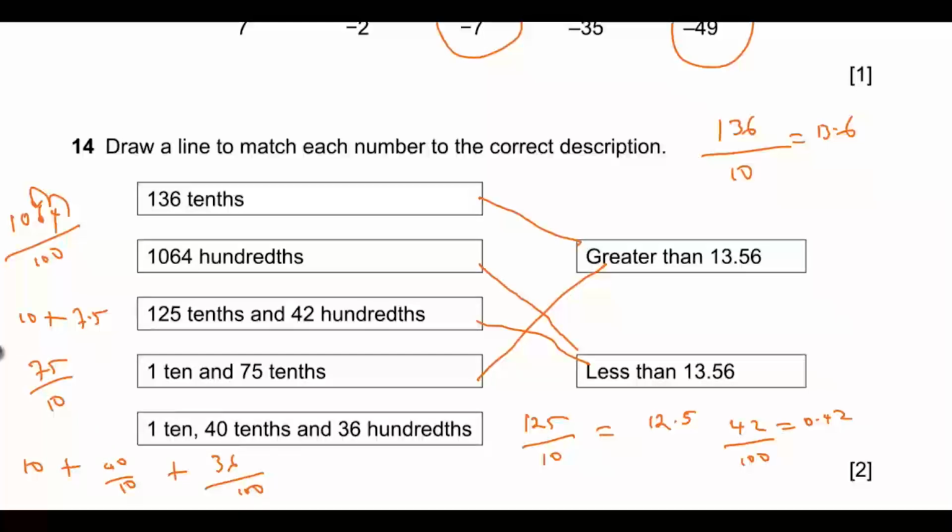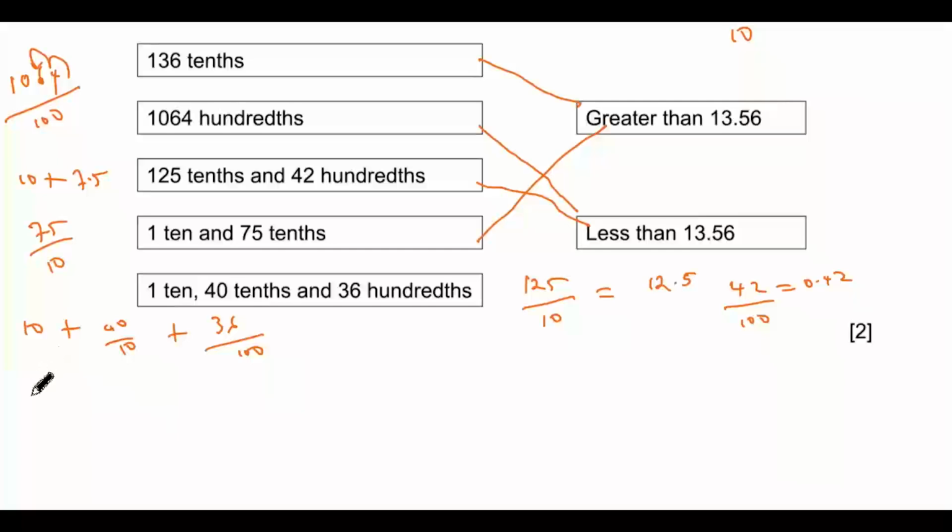If you do this, 10 plus 40 tenths will be 4, because the 0 will cancel the 0. Then plus 36 hundredths, that will be 0.36, as the decimal point will shift 2 places backward. Of course, this and this add up to 14, so you don't need to disturb yourself with this. So this will be mapped to this.